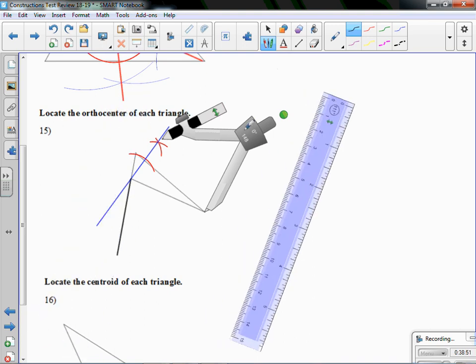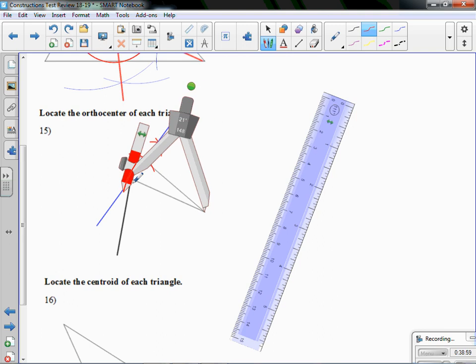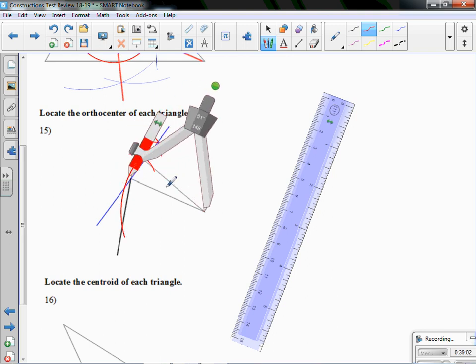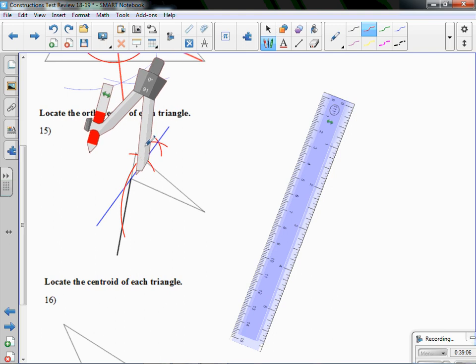That's better. Alright, so now I can make my arc that intersects in two places, and take the point of my compass to both of those intersections.